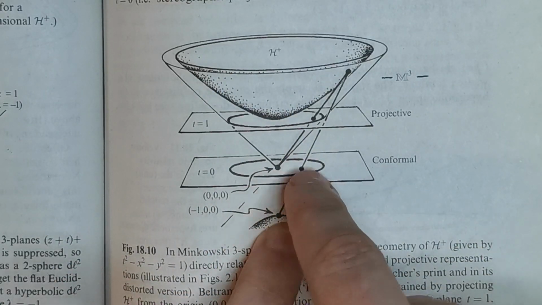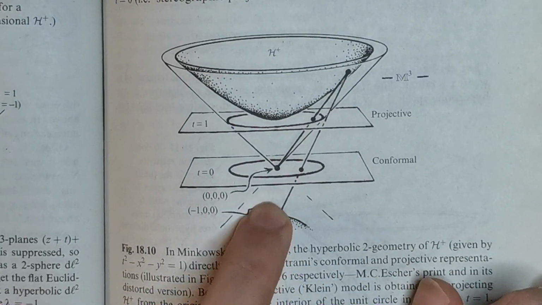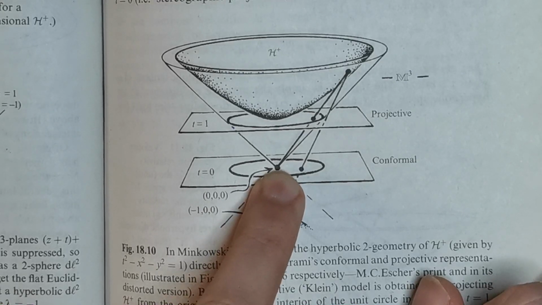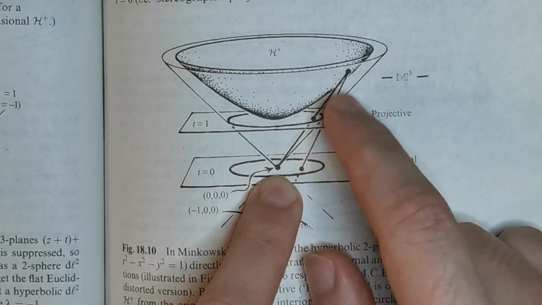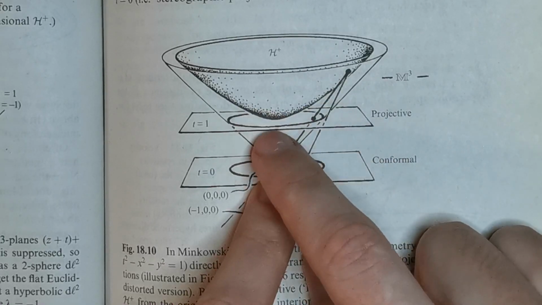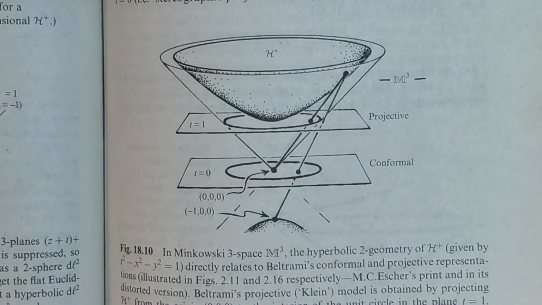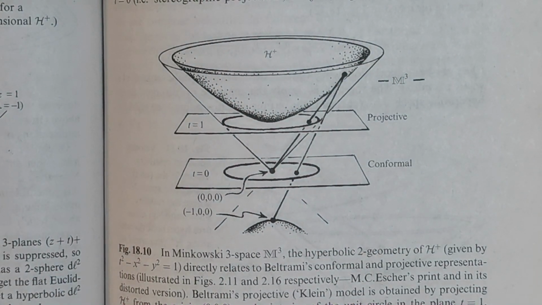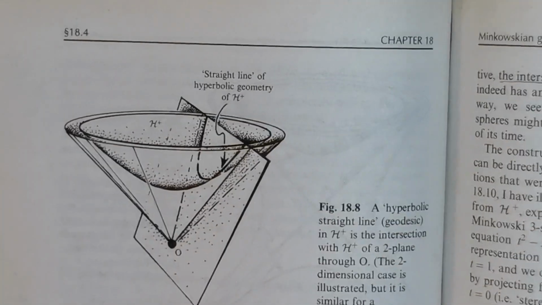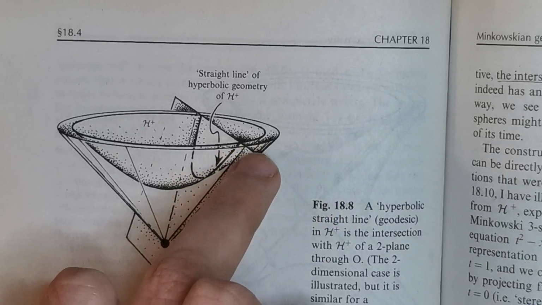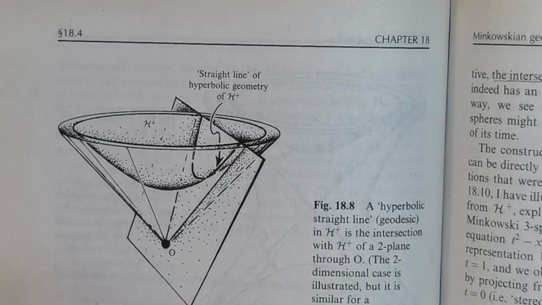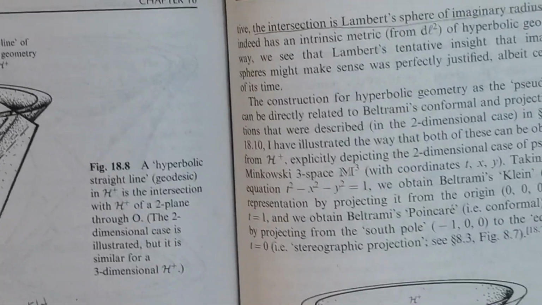And you will obtain exactly the Poincare or conformal representation of the hyperbolic geometry. And if you go with another recipe and project from the origin to the plane t=1, you will obtain the projective representation. Those lines you see here as the intersections of the ball with a plane will go into those circle arcs we have seen in chapter 2.